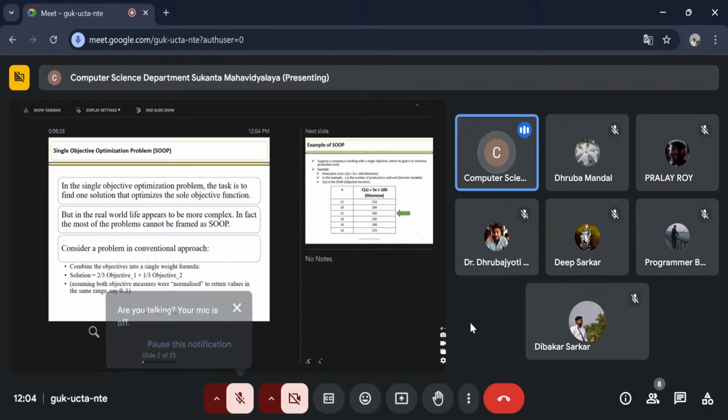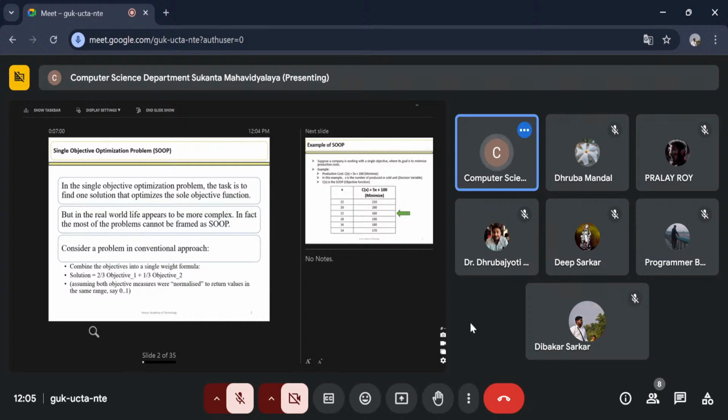One thing is for sure that when I am saying that it is 2/3 versus 1/3 distribution of weights, it's very much subjective. What is available to us is that this distribution of 2/3 versus 1/3 is rather subjective. In a specific scenario, I think to attach 2/3 weight to objective 1 and 1/3 weight to objective 2.